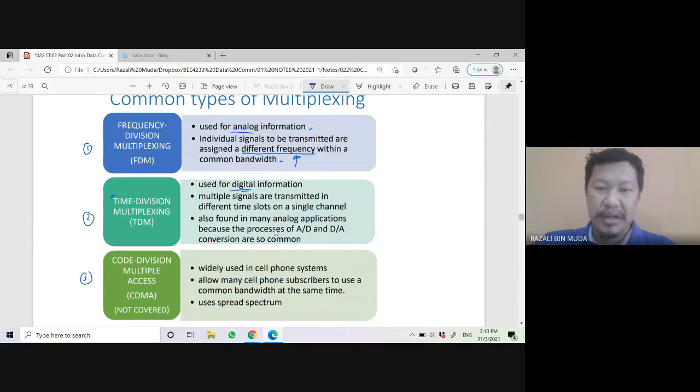Multiple signals are transmitted in different time slots on a single channel or single link. TDM is also found in many analog applications because the processes of A to D, analog to digital, and D to A, digital to analog conversion are so common.